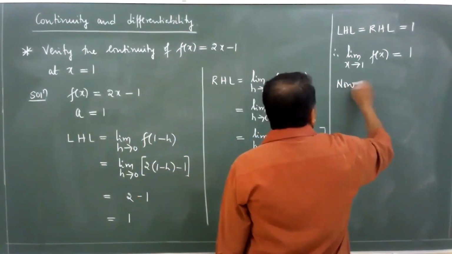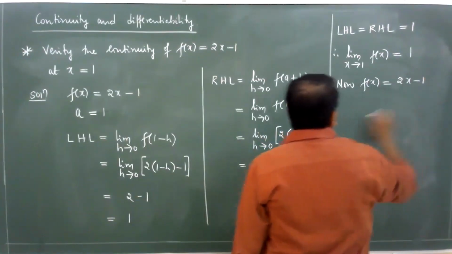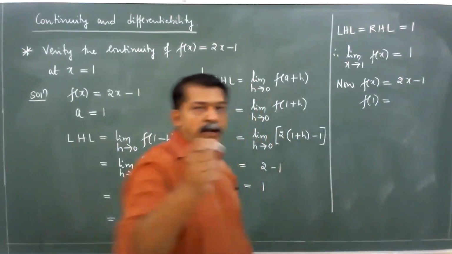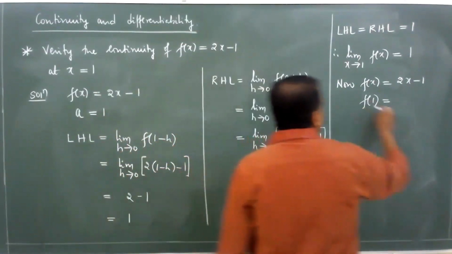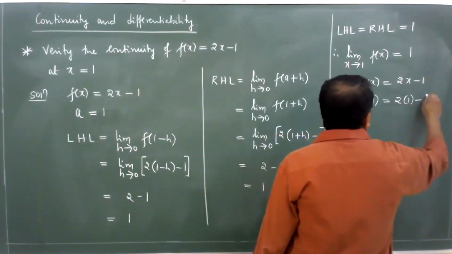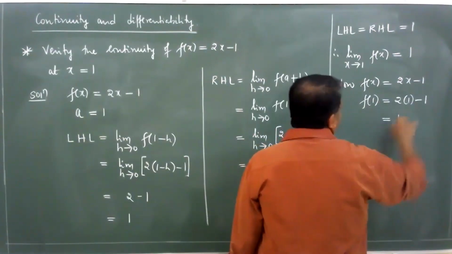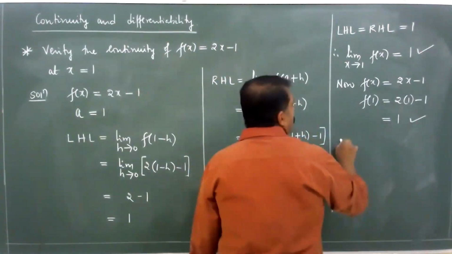Now, take the function f of x, which is 2x minus 1. Directly put x is equal to 1 because we want the value of the function at the point. So f of 1 is equal to 2 into 1 minus 1. How much do you get? 2 minus 1. Again you are getting 1. Observe these two results.